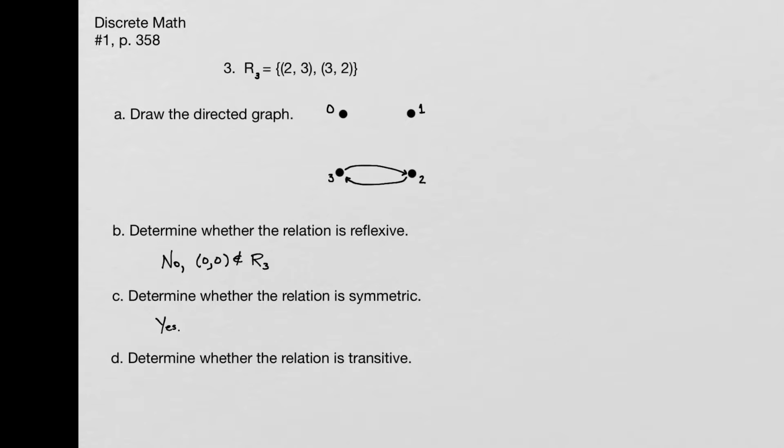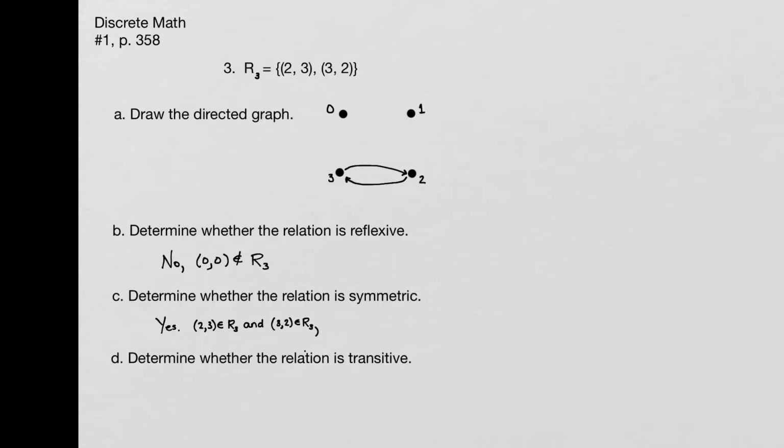So we have (2, 3) is in R3, and (3, 2) is in R3.